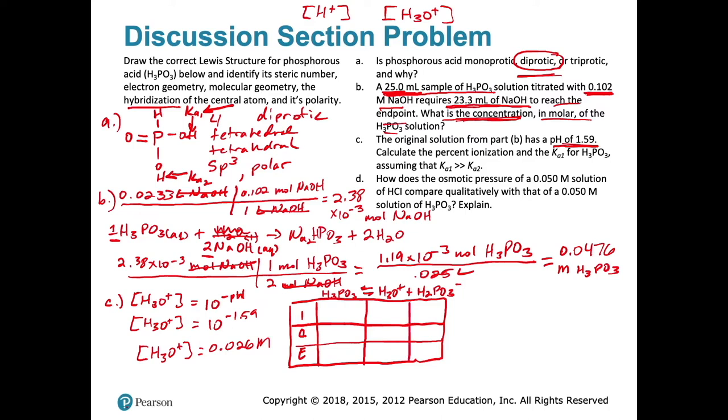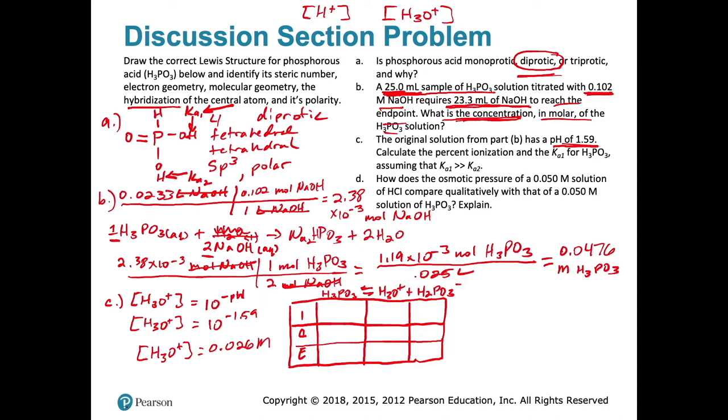Because up here, in the completed equation, it's HPO3. There's only one proton in the completed equation, correct? In sodium hydrophosphite, there's only one proton there. But down here, what do you have? You've got two protons. The reason why is because I only want you to remove one proton.